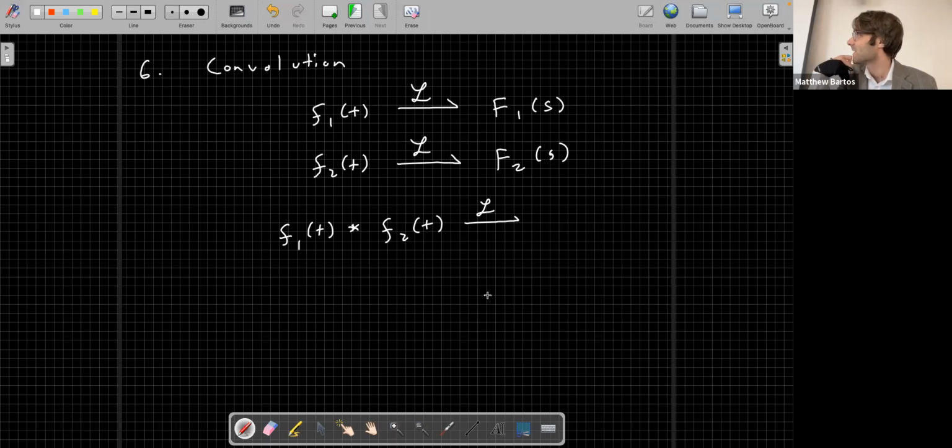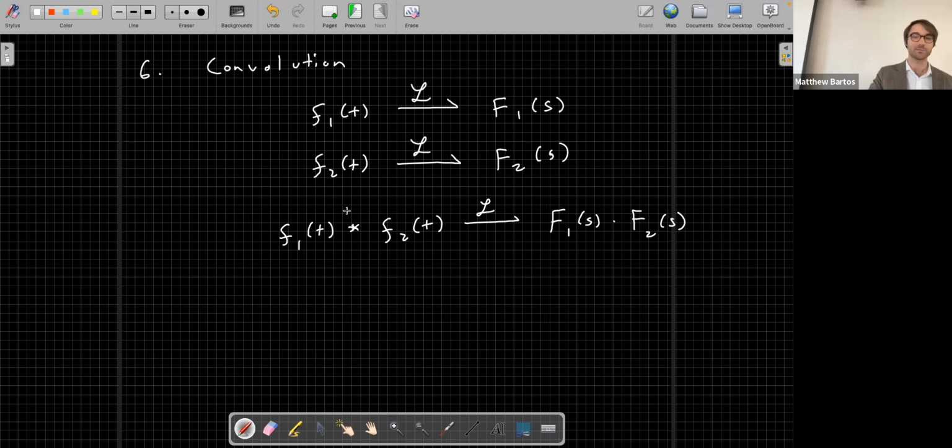So convolution in the time domain is equivalent to what in the frequency domain? Multiplication, exactly. So we have big F1 of s times big F2 of s. This is the property that makes it really easy to use for solving particular solutions.